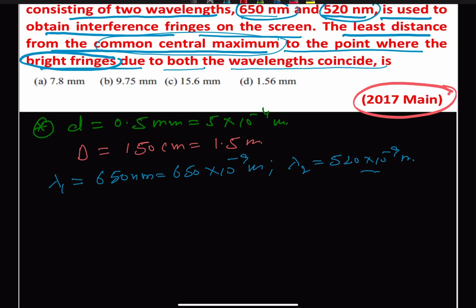We have two wavelengths, so we have to find out the LCM of fringe positions for the two wavelengths.